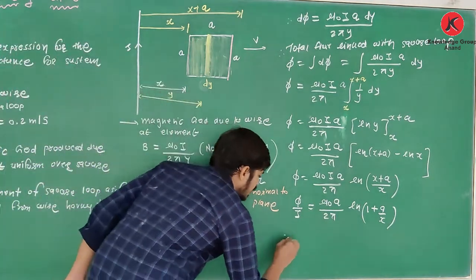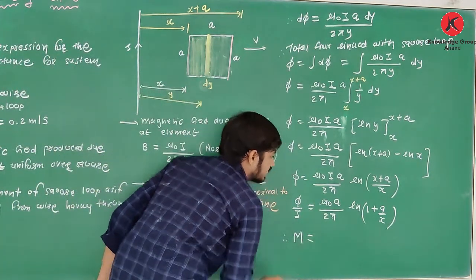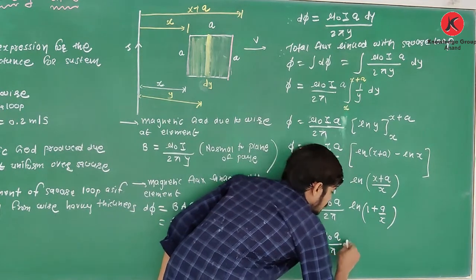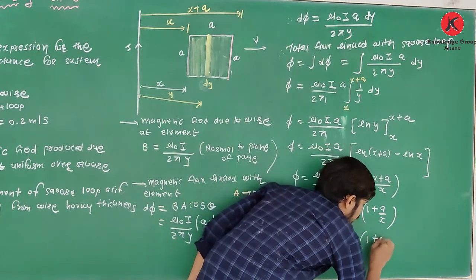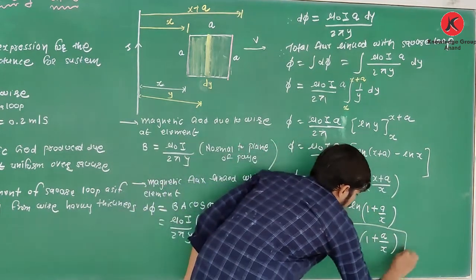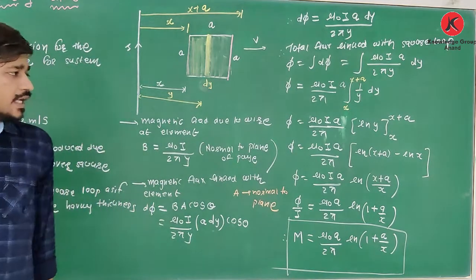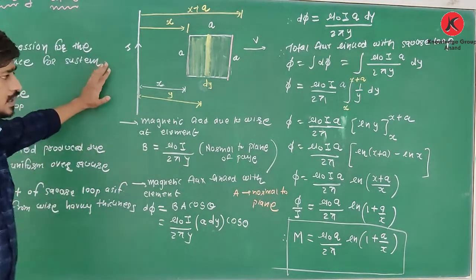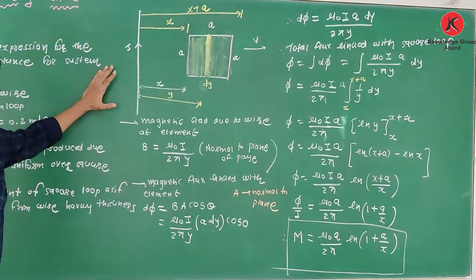Therefore phi upon I is the mutual inductance: M is equal to mu 0 a upon 2 pi ln (1 plus a upon x). It is the equation of mutual inductance. Clear about this?